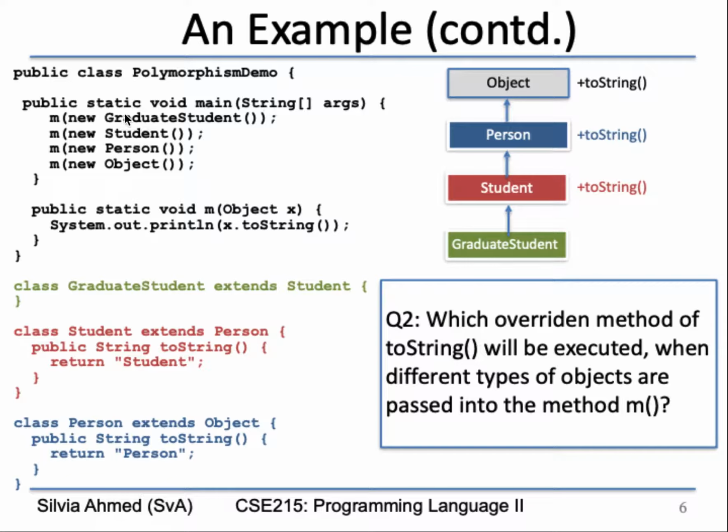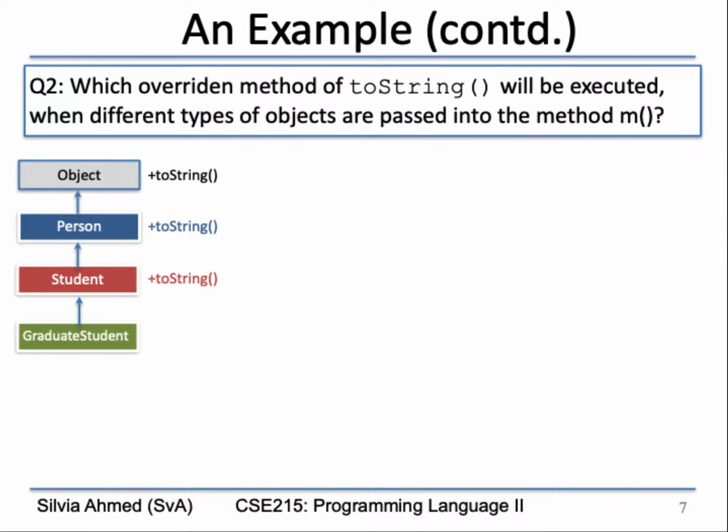That means we have seen that we pass different types of object when the type object is needed because of polymorphism. Now the question is, which toString method from these several classes gets executed? In order to answer this question, let's look at a few definitions first.